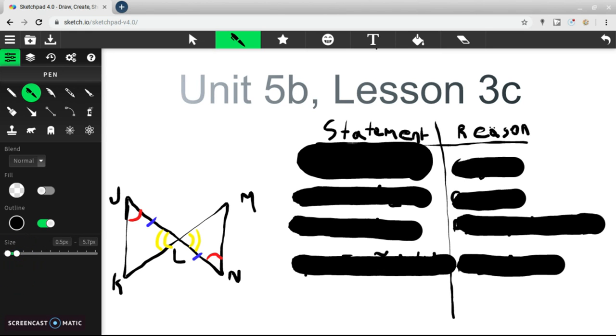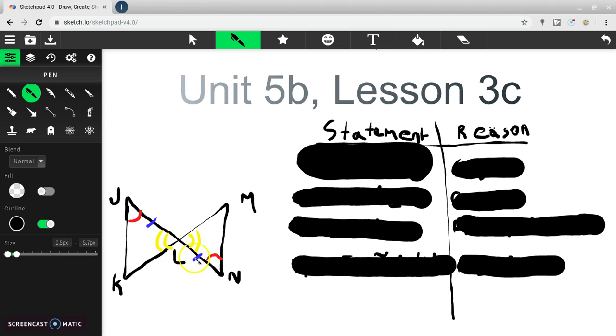I wasn't able to write down what's the given and what you need to prove, but let's say you're given that segment JL is congruent to LN, then that angle J and N are congruent, and that's it.